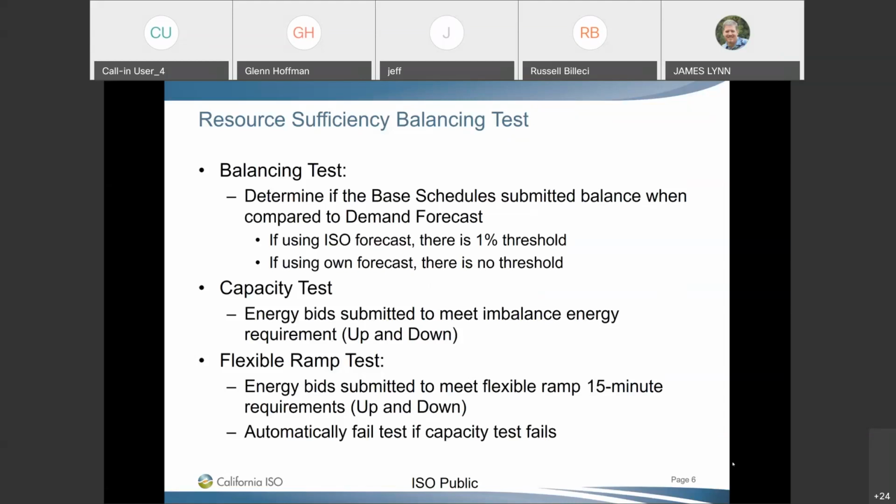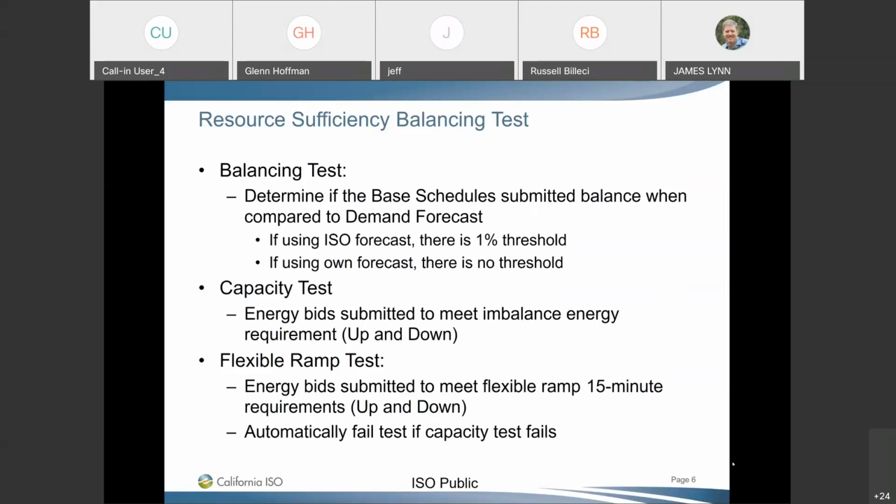So when you submit your base schedules, if your base generation and intertie schedule or net intertie schedule are within 1% of the demand forecast, you're considered to have passed. And therefore, we'll go into details on what that means. If you're using your own forecast, we don't apply any threshold. We don't have any assumptions. We assume that you're going to have a specific overscheduling, underscheduling charge code assessment performed because we are trying to make sure that you're not leaning on another balancing authority area.